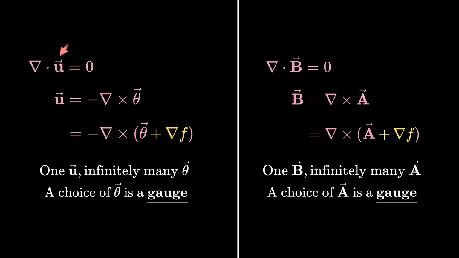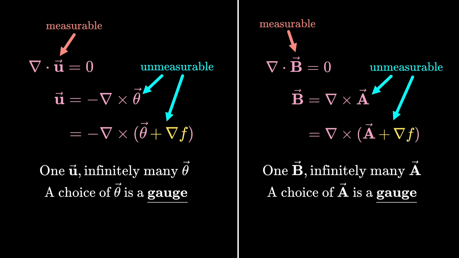Conceptually, u and B are measurable. If you know how things evolve, you can uniquely determine them. However, the vector potentials are not measurable, because even if you know exactly how things move, there are many possibilities as to what theta and A could be.